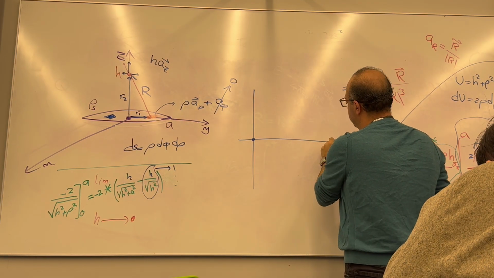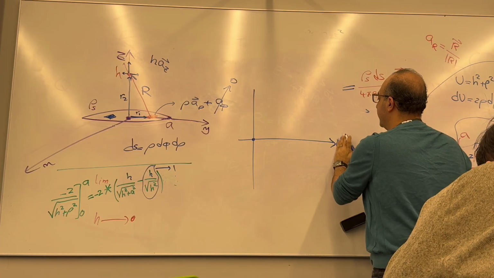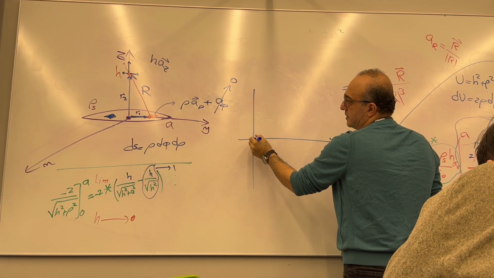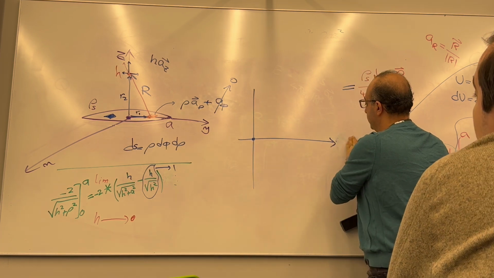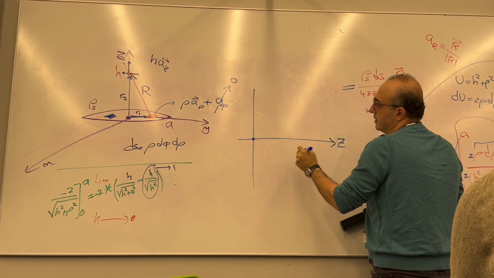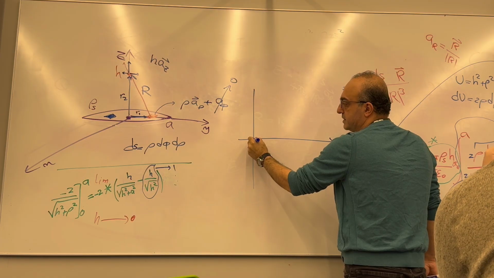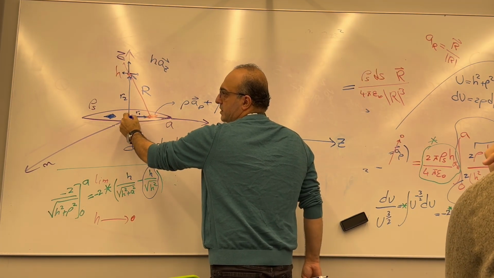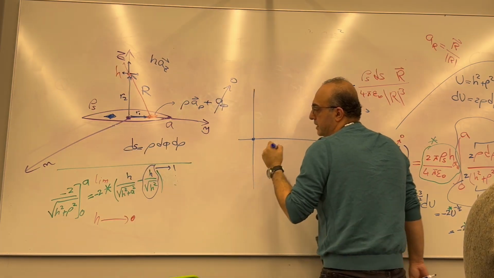If this is 0, this is A, this is radius. Okay? No, it is Z. At Z equals 0 it's going to be 0 because at this point everything is symmetrical. Okay?